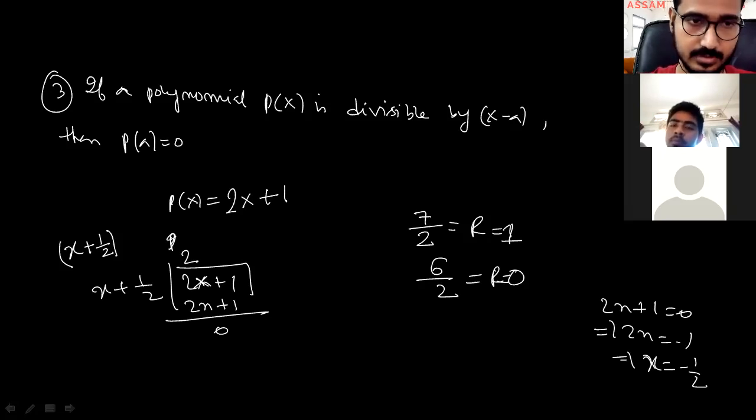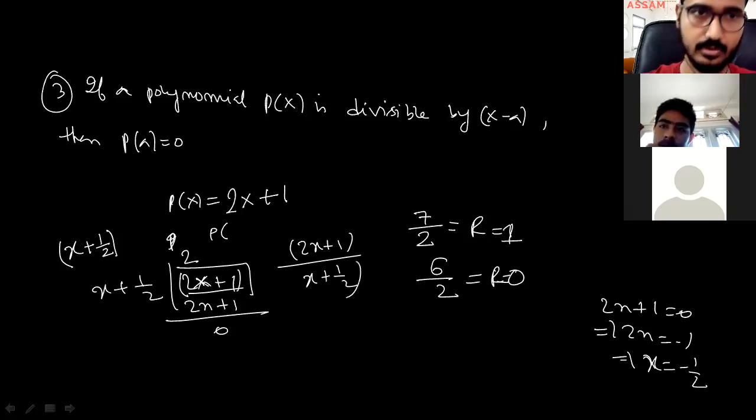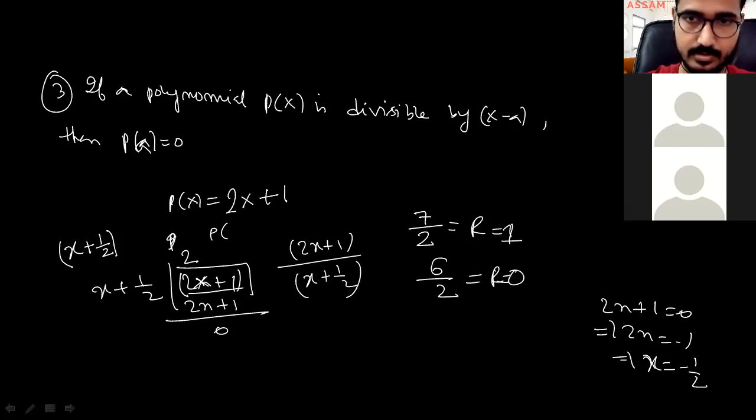Clear? 2x plus 1 is a linear polynomial, and it is completely divisible by x plus half. So according to this statement, P of a will be equal to 0. Now, P of a, that means what?